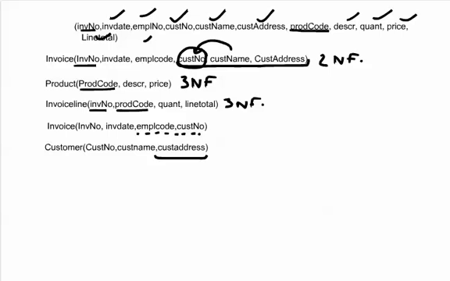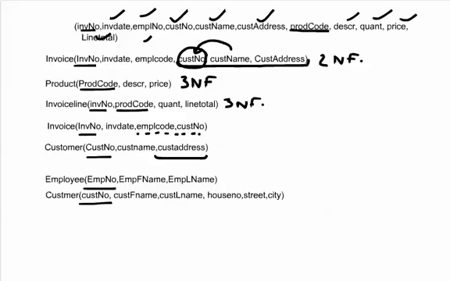It can be a house number, a street name, a city name, and so forth. So you can break that up into more. That means invoice is also now in third normal form, employee is in third normal form, and customer is in third normal form. And from that, you can actually draw your ERD.